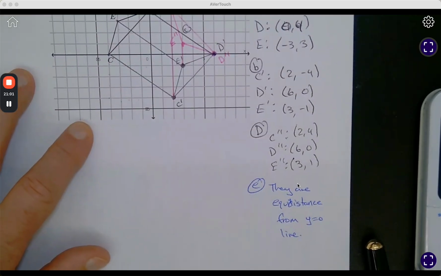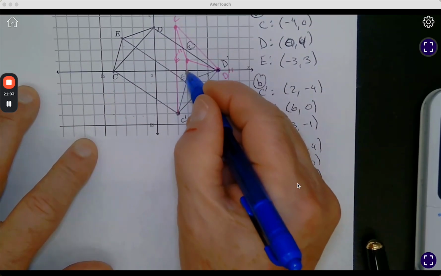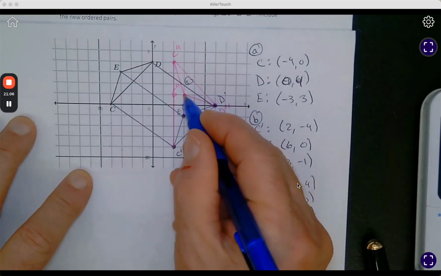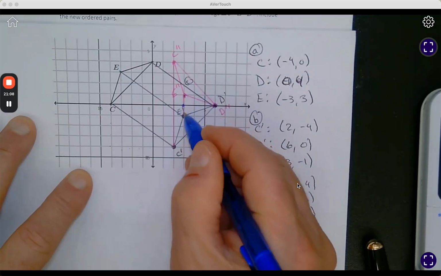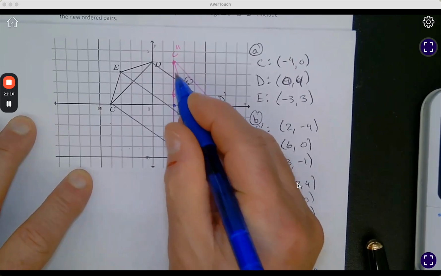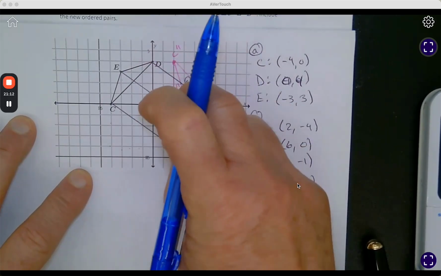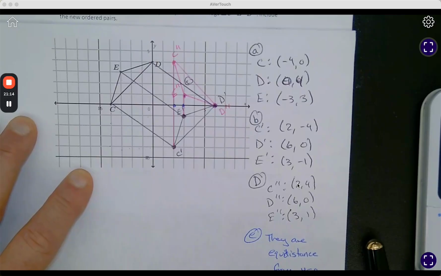That means that the distance from there to there is the same as the distance from there to there. They're equal distance away. So those are also equal distance away. Okay, this is great.